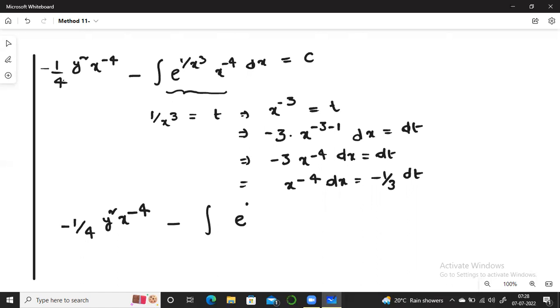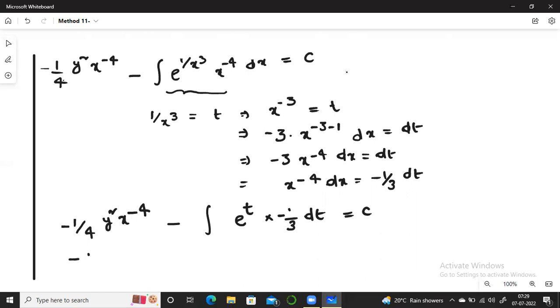You treat it as t. x to the power minus 4 into dx, what you are getting? Minus 1 by 3 into dt. Minus 1 over 3 into dt is equal to constant. So same term I am writing once again.